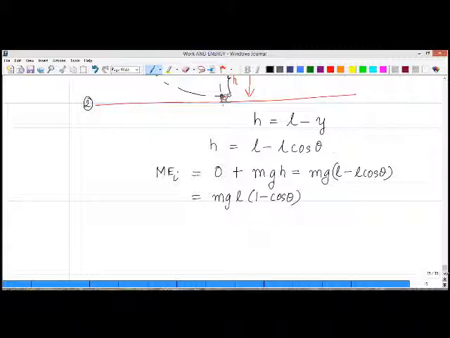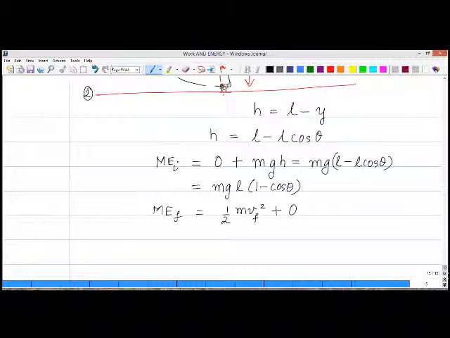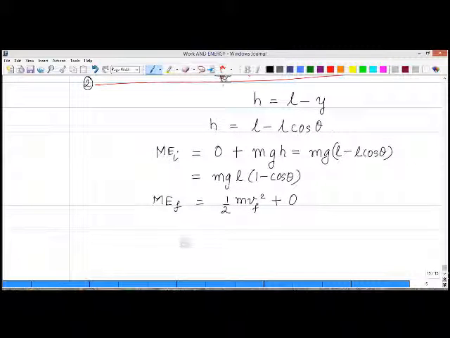Now at the bottom of this arc, the final mechanical energy is simply the kinetic energy plus 0 for potential. Let's equate the two, and what you get is 1/2 m vf squared equals mgL times 1 minus cosine theta.